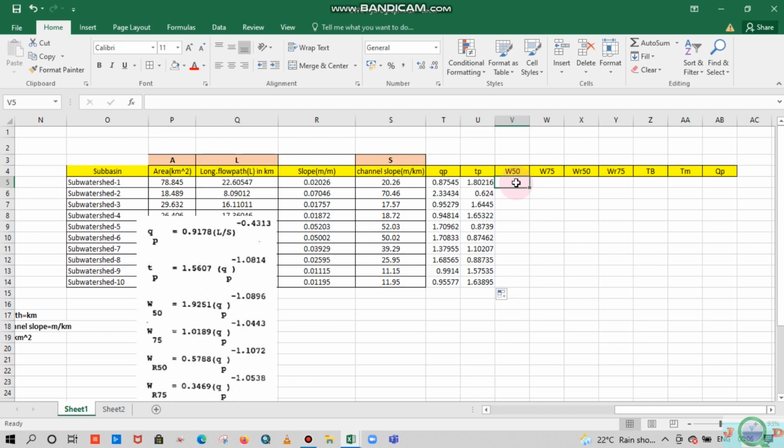So W50 is 1.9251 into qp to the power minus 1.0896, and for W75 we have 1.0189 into qp to the power minus 1.0443.